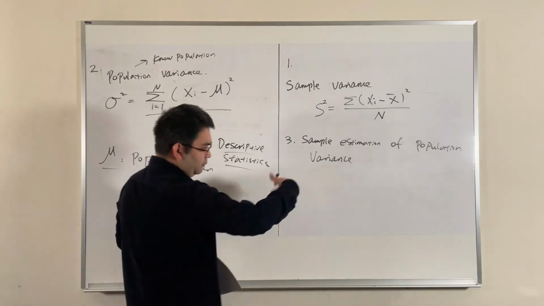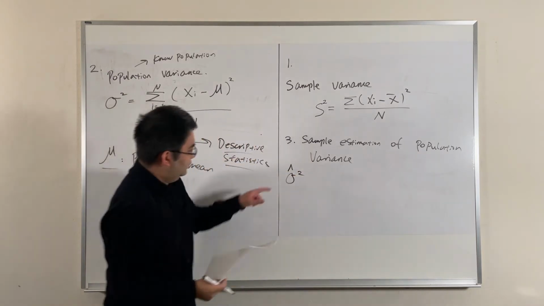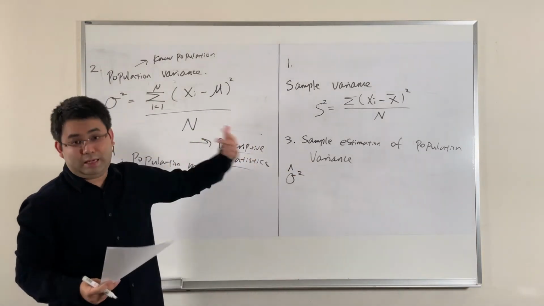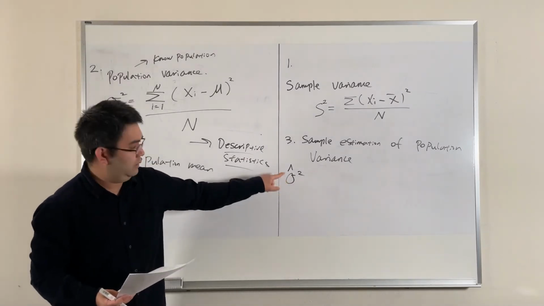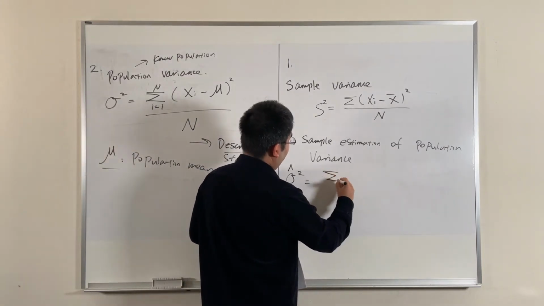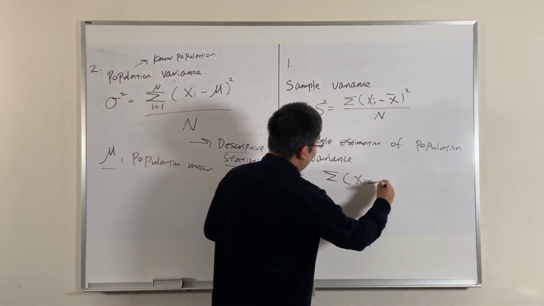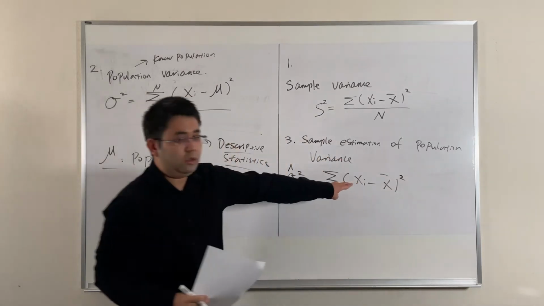Okay, in this case, the notation is sigma hat squared. The hat here is an estimation of the population's variance, right? And this equals summation xi minus x bar squared, right? So everything here is from the sample, right?